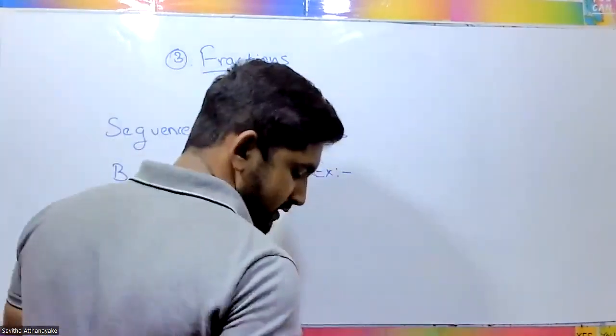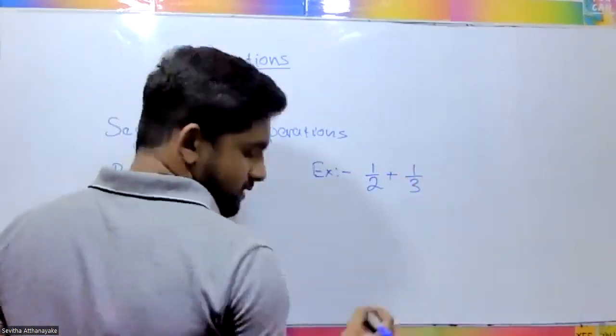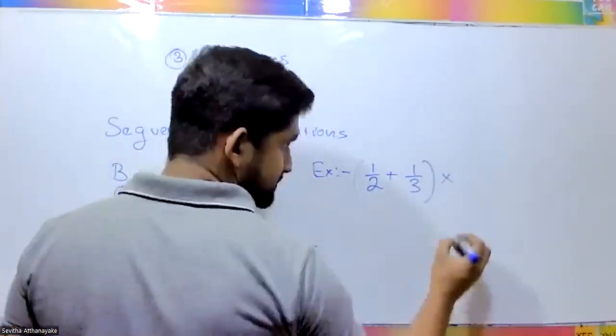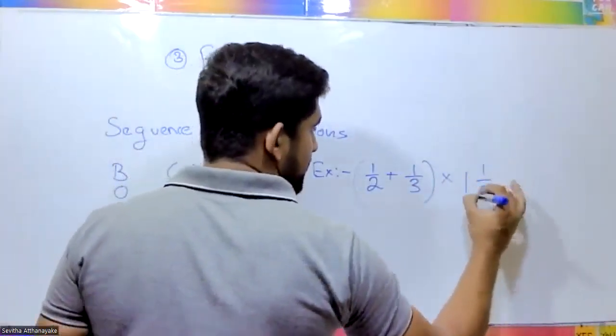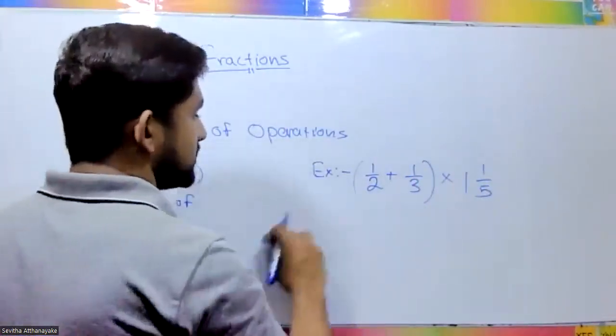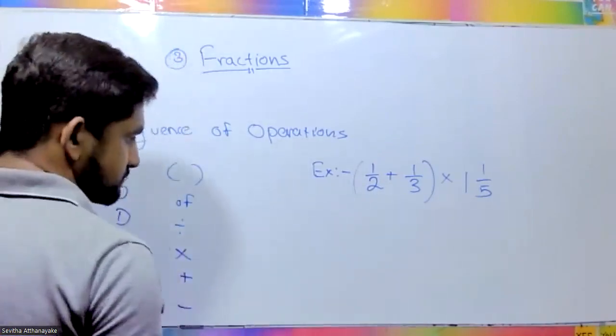Let's take this one. Half plus 1/3 multiplied by 1/5. Then, first, we should simplify what is inside these brackets.